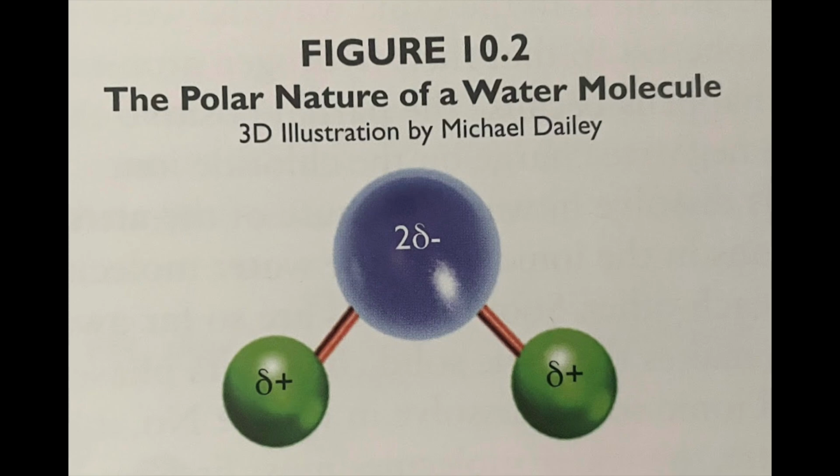Remember that water is actually polar. So if we have our two hydrogens and our oxygen up here, remember that electron density is getting pulled up. And so we've got a negative charge on the top and a positive charge on the bottom. This means that water is also attracted to that sodium chloride.